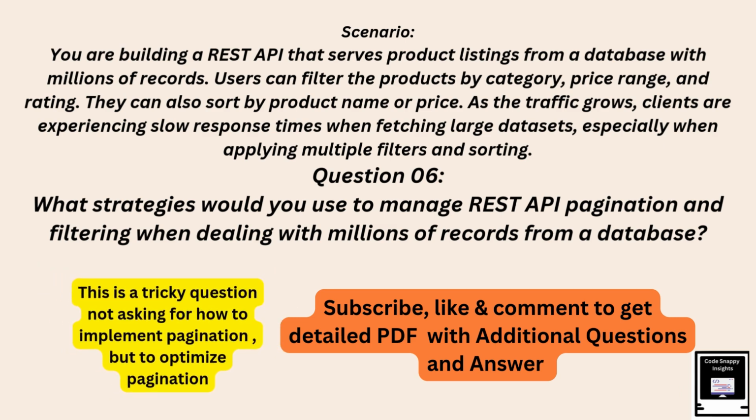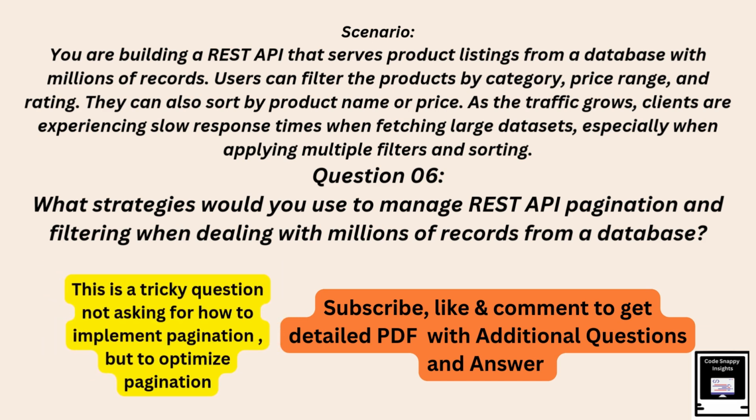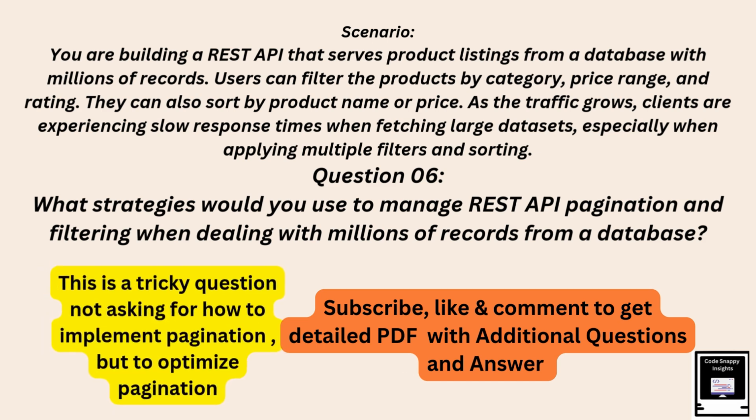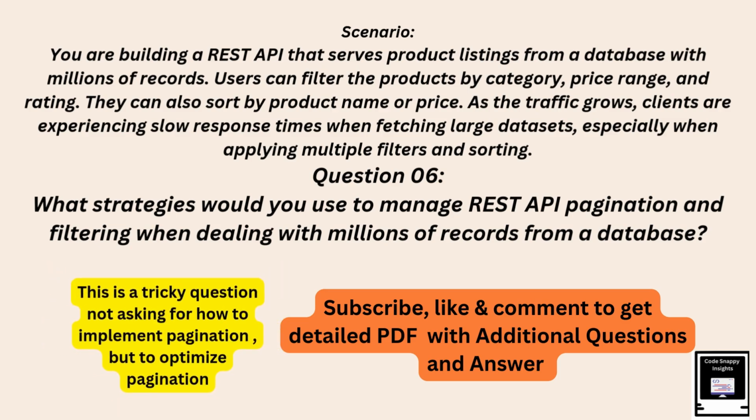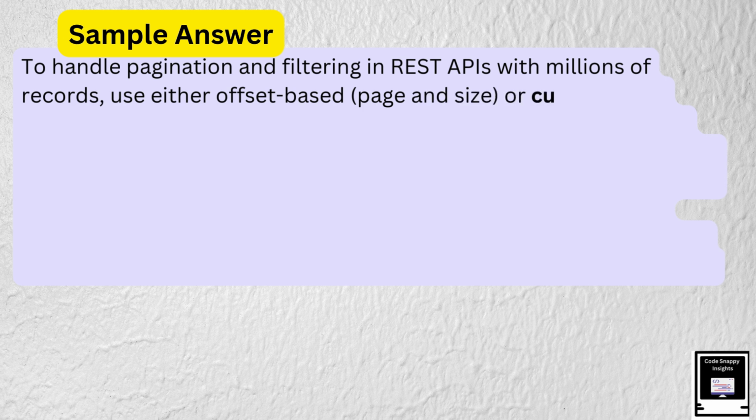Here is the question: what strategies would you use to manage REST API pagination and filtering when dealing with millions of records from a database? Here is the answer. To handle pagination and filtering in REST APIs with millions of records, use either offset-based pagination or cursor-based pagination.